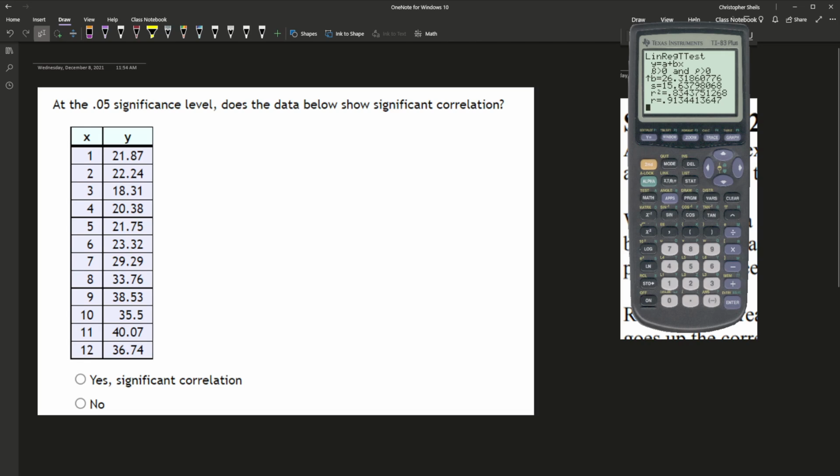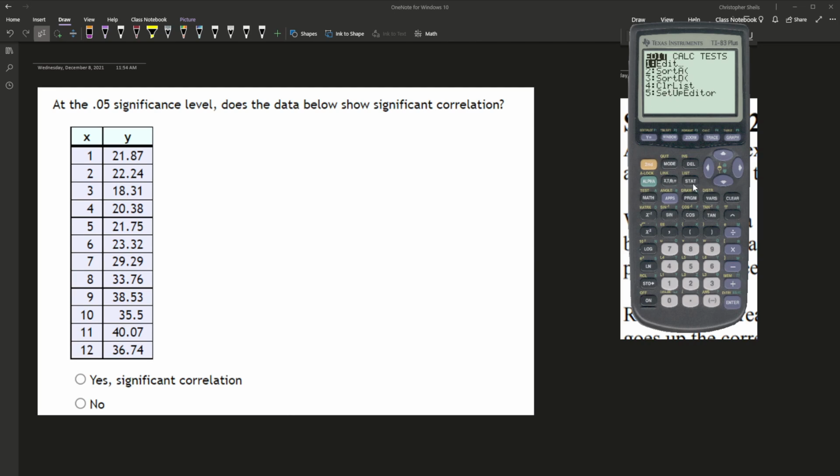Let's look at this next part. This is a MyOpenMath problem from the 10.2 homework. This is asking us, at the 0.05 significance level, does the data below show significant correlation? To figure this out, we first have to enter this data into our calculators.